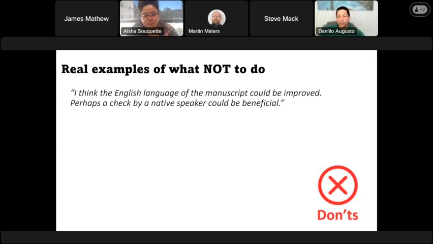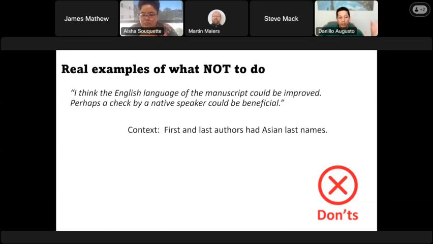And this is also something that happened and was a very tricky situation. That was the comment: I think the English language of this manuscript could be improved. Perhaps a check by a native speaker could be beneficial. And put in context, there were no examples, nothing, and just put in context, the first and the last authors had Asian last names.